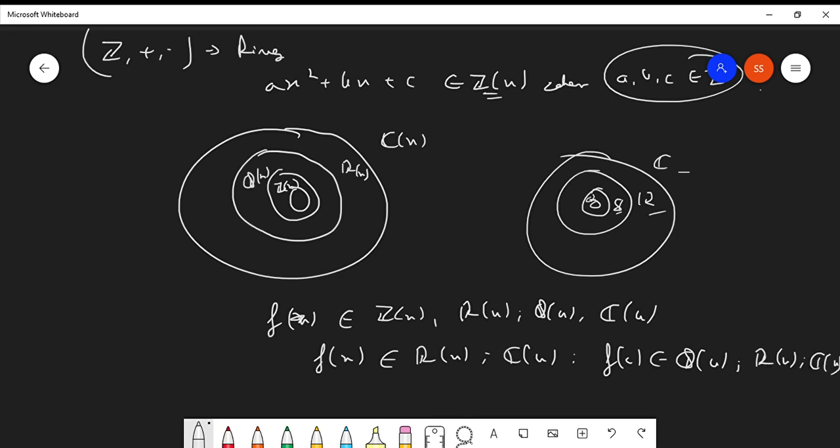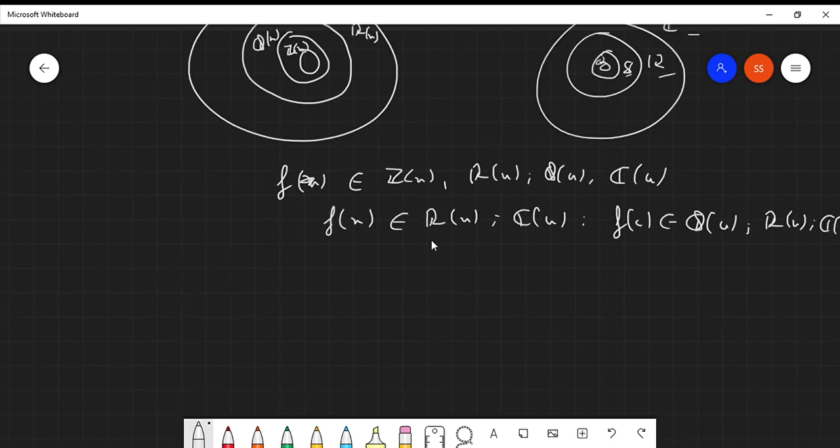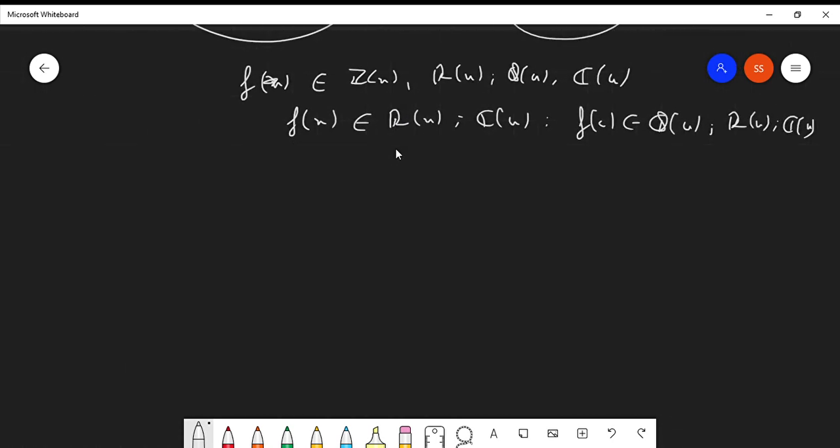Is it clear? A polynomial ring is basically the collection of all polynomials formed from the coefficients of some particular ring. Is it clear how to find the units of a polynomial ring?